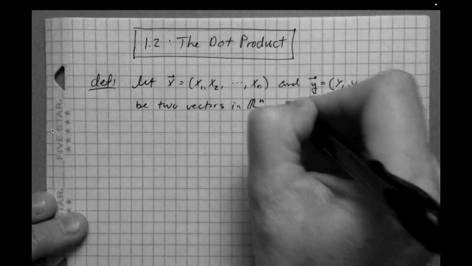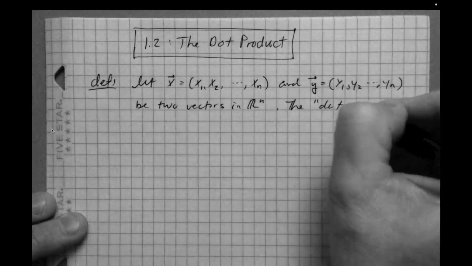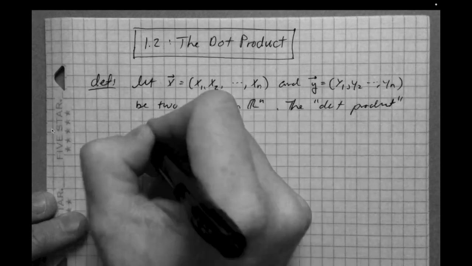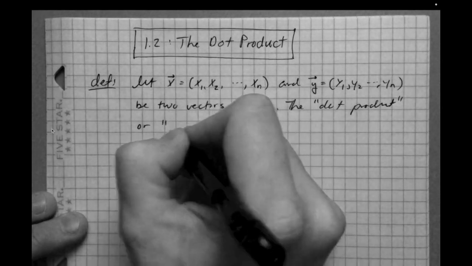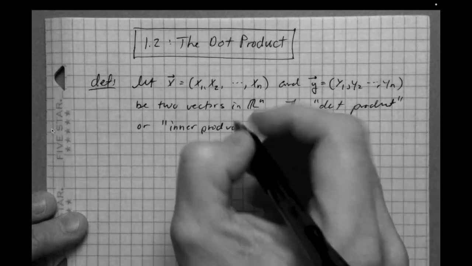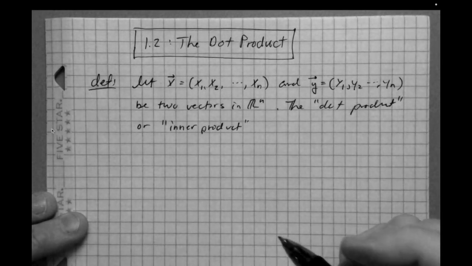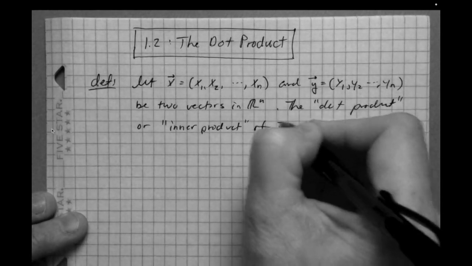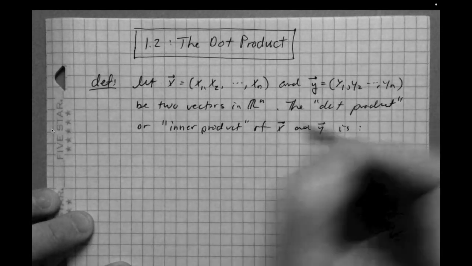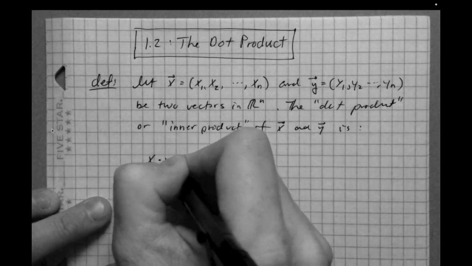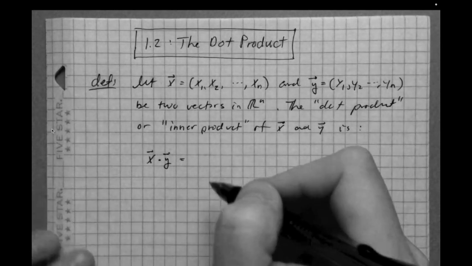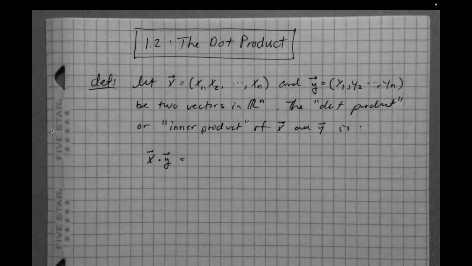Okay. The dot product, or sometimes called the inner product, okay, the dot product or the inner product of x and y is given by the following. So x dot y, that's the notation we'll use, and basically it's going to be what you think of as a sum product of the components.